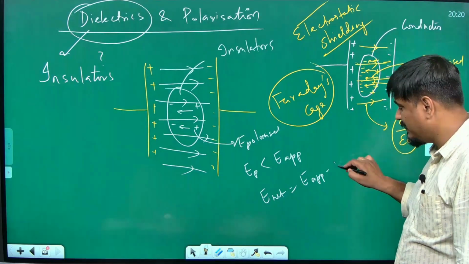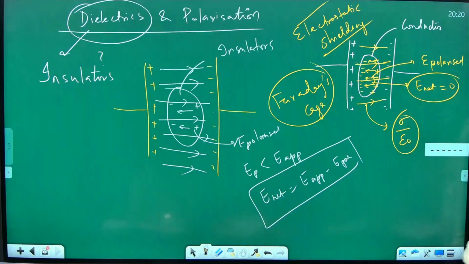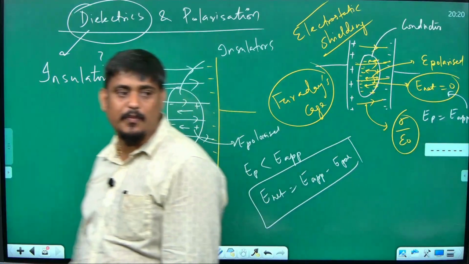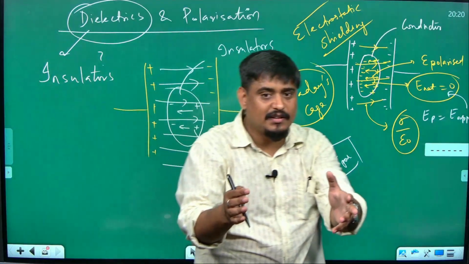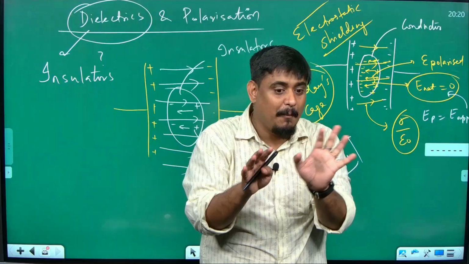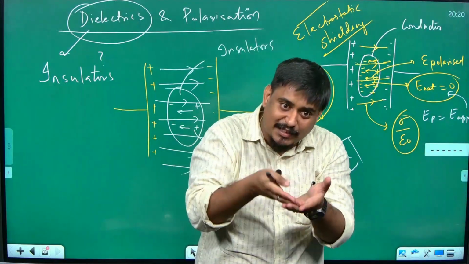Are you understanding this? But since in the conductor E polarized was equal to E applied, the net electric field became 0. So when a conductor is placed inside an electric field, it will have 0 electric field inside. But when you have an insulator placed inside an electric field, it will have some electric field inside the insulator.